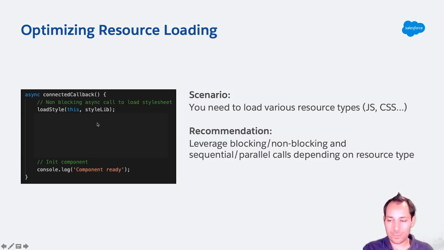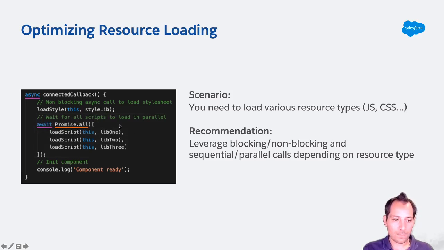But now let's assume we also have some JavaScript to load, and you need that to initialize your component. What you can do here is a mix of await with a series of promises being passed to the promise.all function. This is very interesting because you're simulating 3 parallel requests to load 3 different libraries, library 1, library 2, library 3, but you're waiting for all of these requests to be finished before moving on to the init component or the final log line.